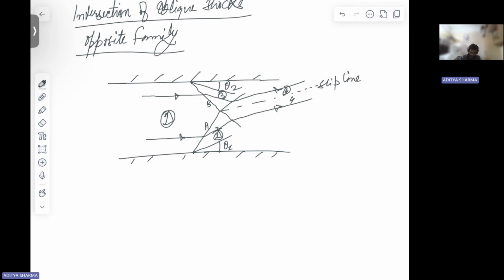And this is your region 4 dash. Now in this region and this region, the static pressures are the same. Okay, but then your entropies are not the same in these two regions. That's why we have a slip line. So this is your opposite family. Okay.